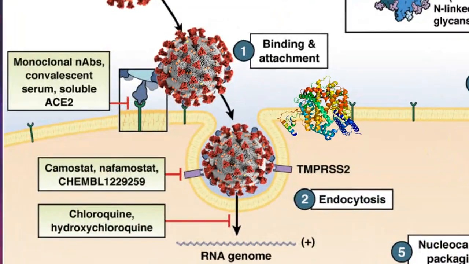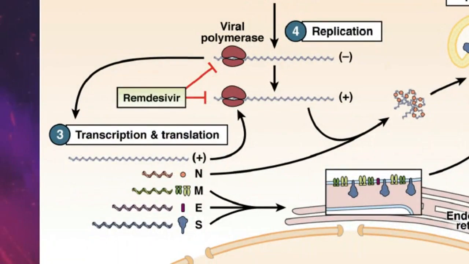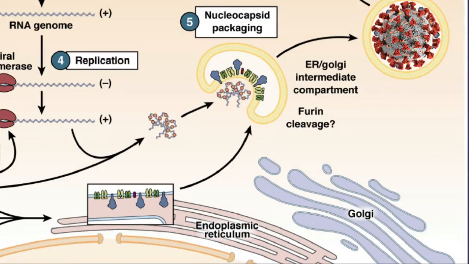When the virus enters the body, it releases the RNA genome, a positive single strand RNA, and replication starts by viral polymerase, making another copy, which is negative, then transcription and translation of the virus, releasing the N protein, M protein, E protein, and spike protein, which travel to the endoplasmic reticulum and Golgi, forming the genome and the envelope.